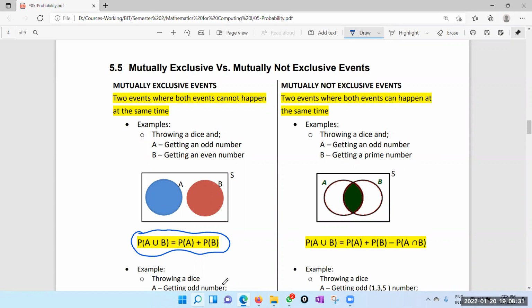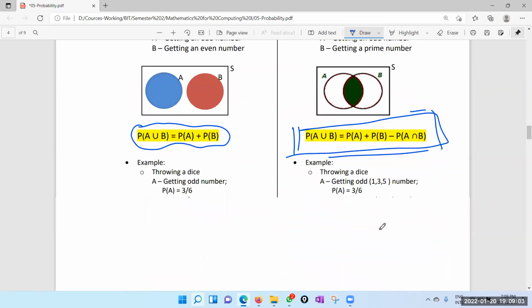If you get 2, it belongs to both event A and event B. In that kind of situation, when they are not mutually exclusive, the probability of A or B happening is the probability of A plus the probability of B minus the probability of A intersection B. We discussed how to get this: N(A union B) is N(A) plus N(B) minus N(A intersection B). Then we divide it by N(S) to get the probability.